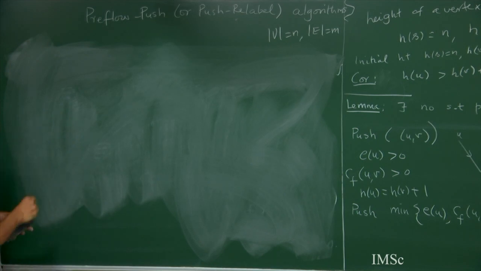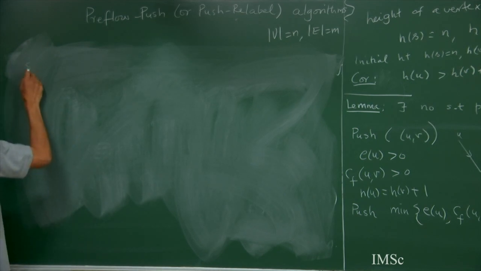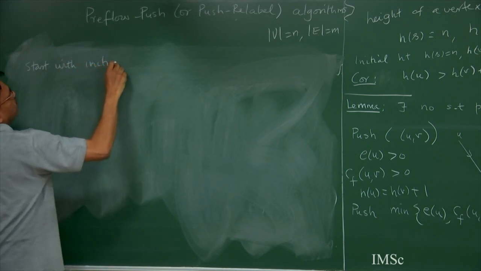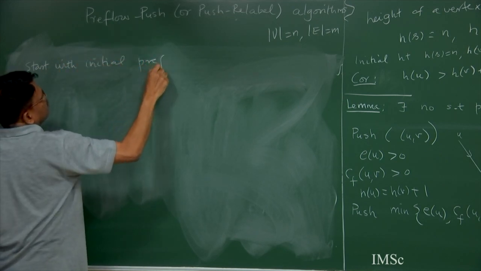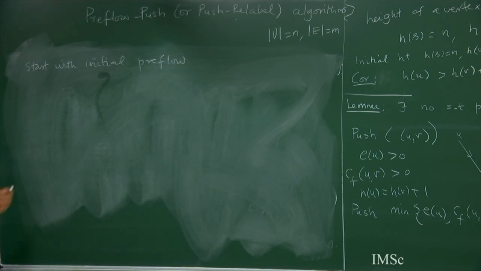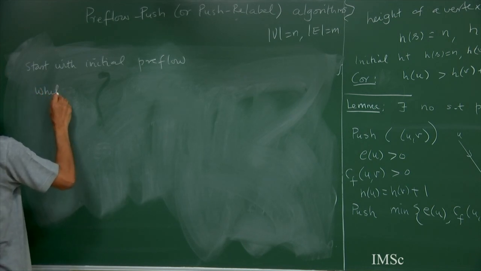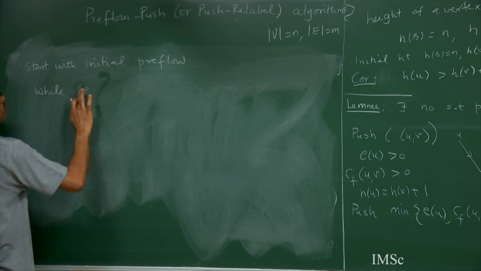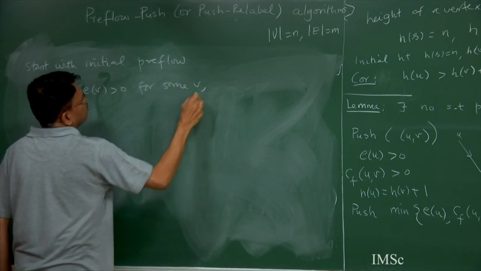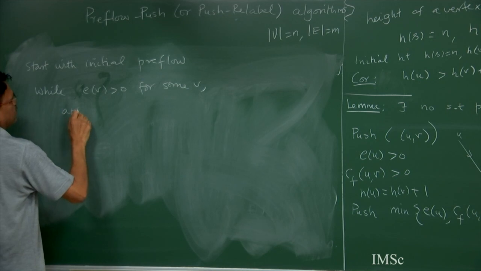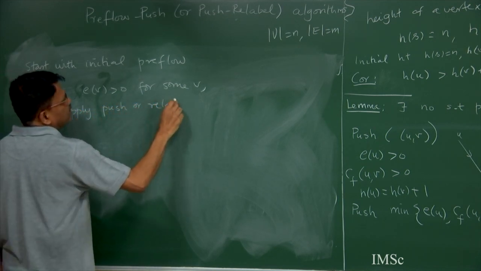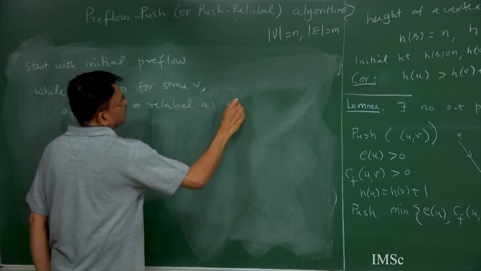Okay, so now the algorithm is: start with the initial preflow, which is saturating all edges out of s to their capacity, and while the excess e(v) is greater than 0 for some v, apply push or relabel as applicable.